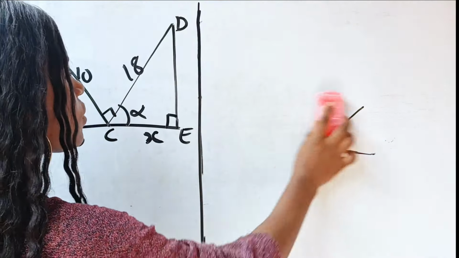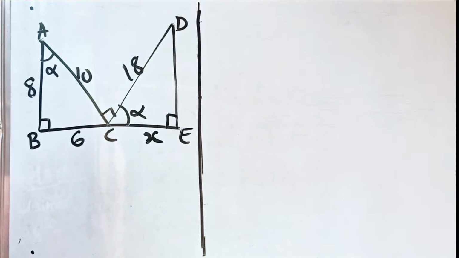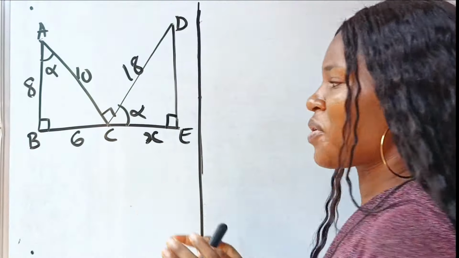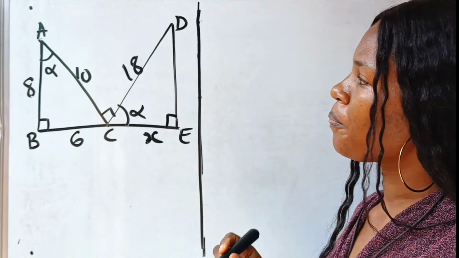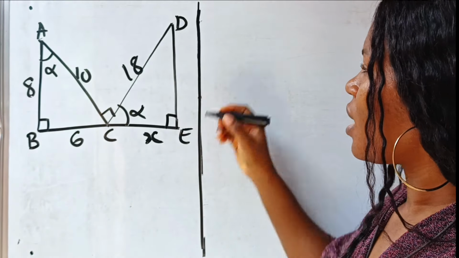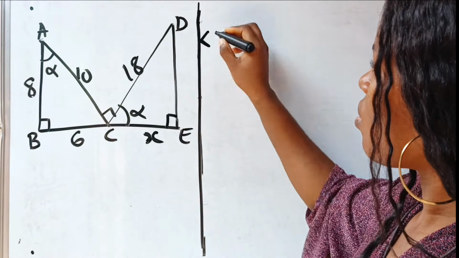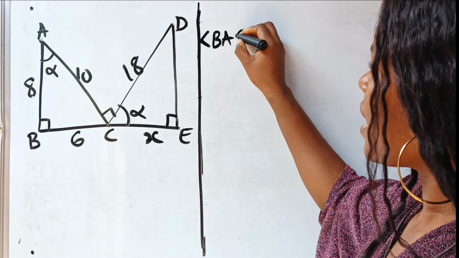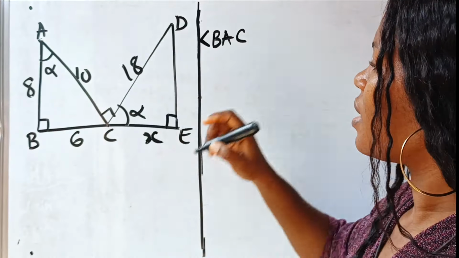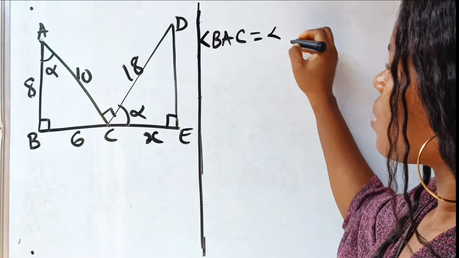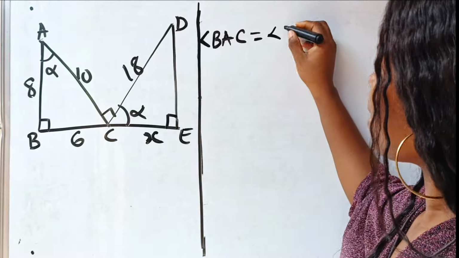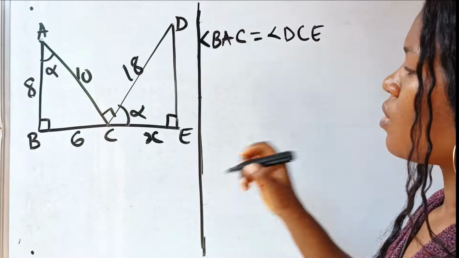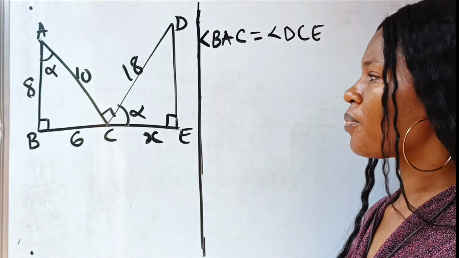Now, having done that, I want us to take a look at this very well. These two triangles, you can see that angle BAC is equal to angle DCE. They are both alpha.